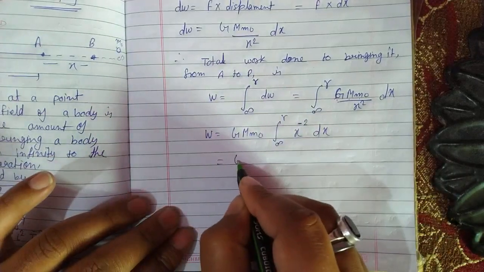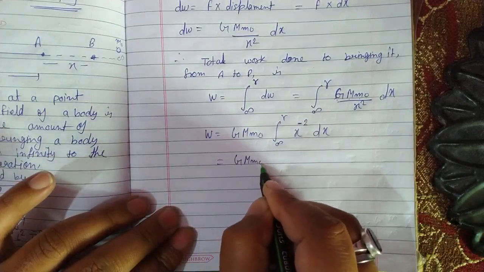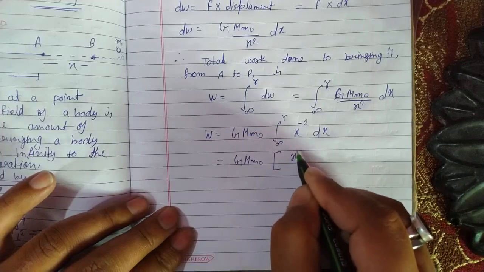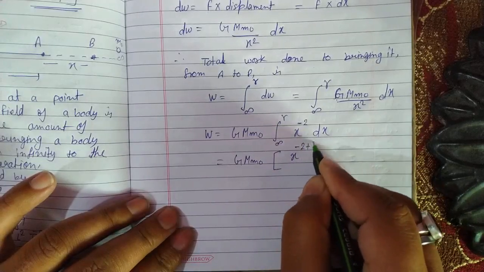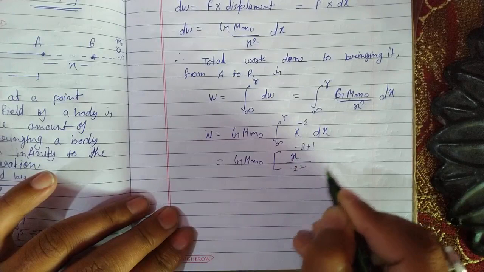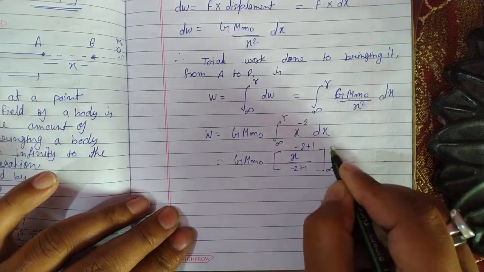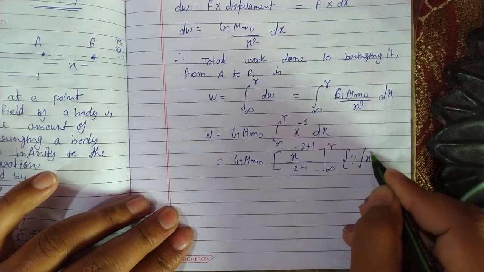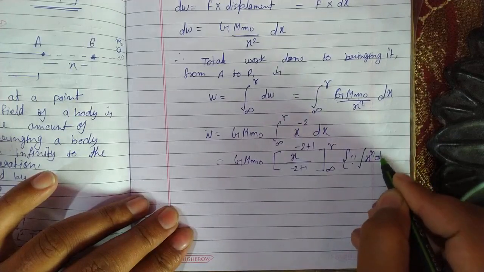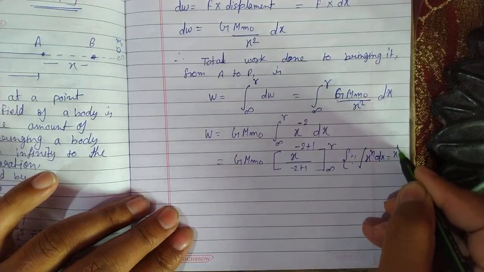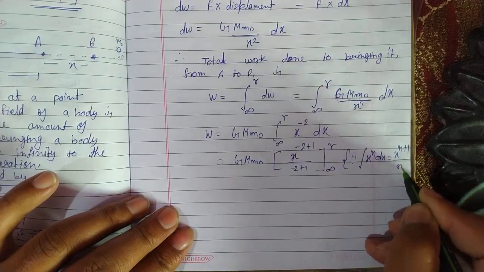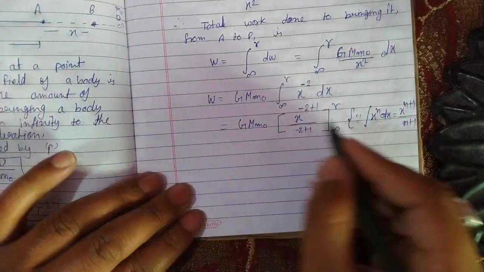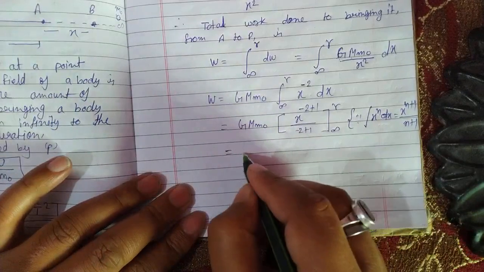Therefore G m m0 times x to the power minus 2 plus 1 upon minus 2 plus 1, from infinity to r. Here we use the formula: integral of x to the power n dx is equal to x to the power n plus 1 upon n plus 1.